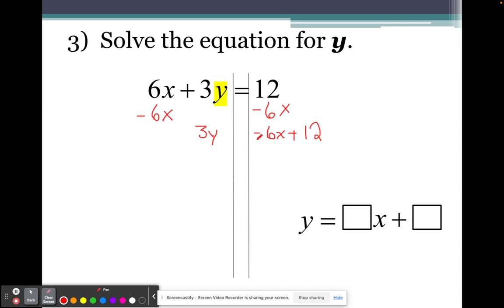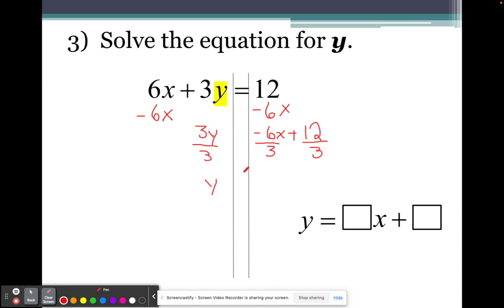Now my next step is to get rid of this 3, which means I have to divide this entire side by 3. I could draw a line and write a 3 underneath. Sometimes it's easier if you just make sure that you divide all of the parts by 3. Sometimes it's easier to see it that way. Then I can simplify.